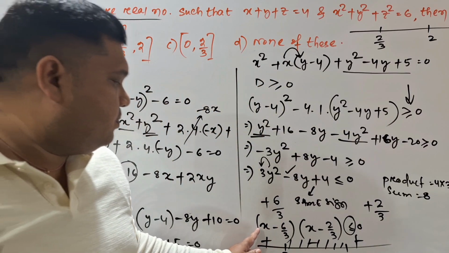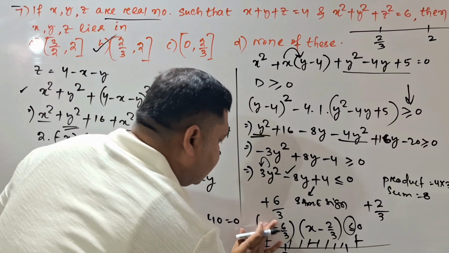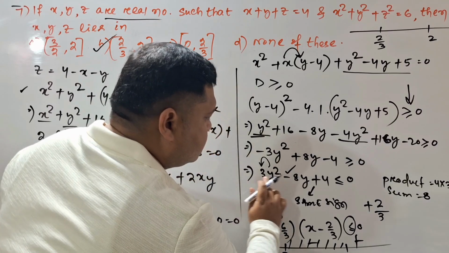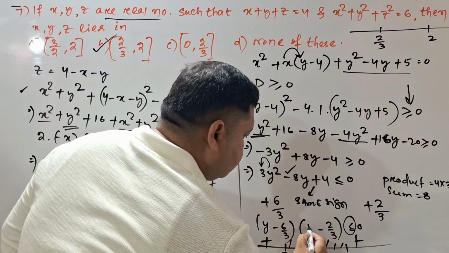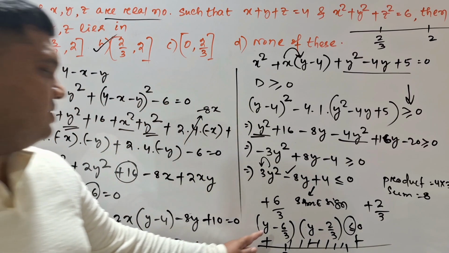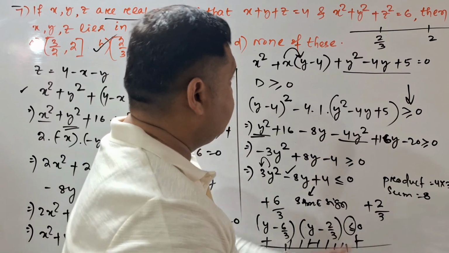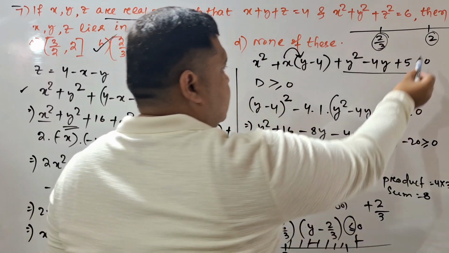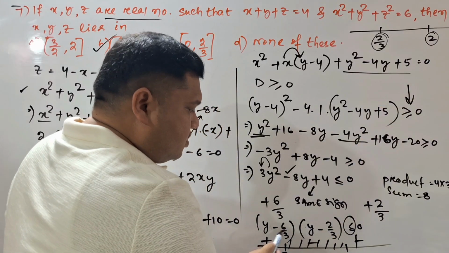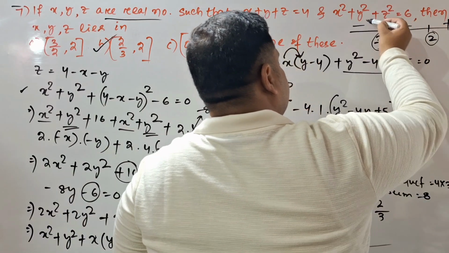If you observe, here you can write y, not x, because if you solve, you get y. So here the y values are 2 by 3 and 2. The critical point 2 belongs to a term whose power is odd, so the rightmost region is plus, then minus, then plus.